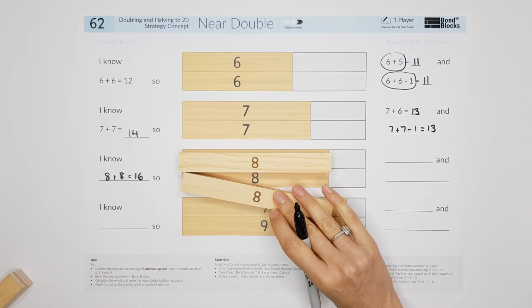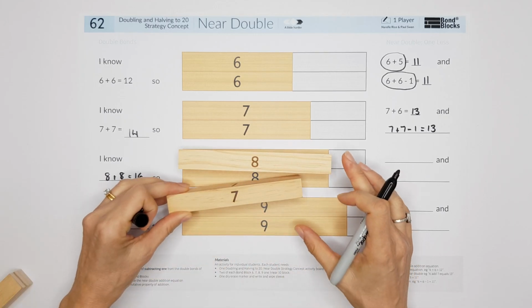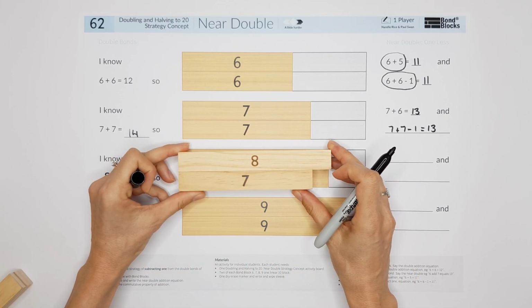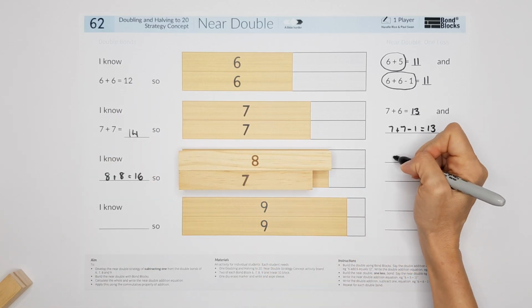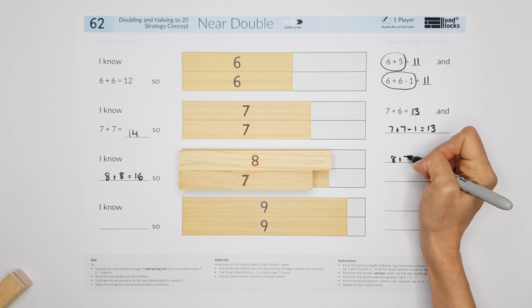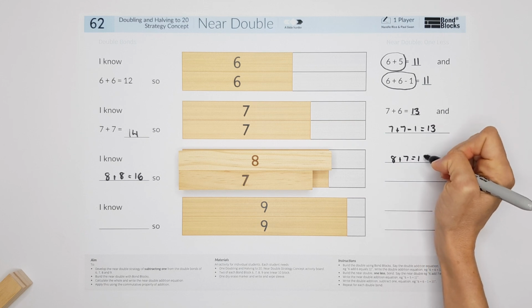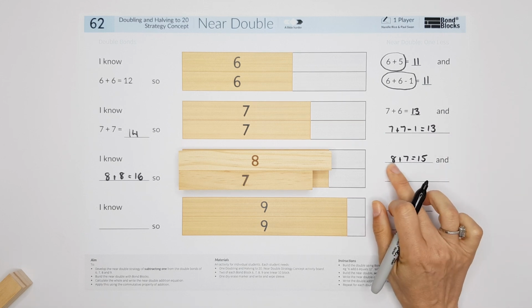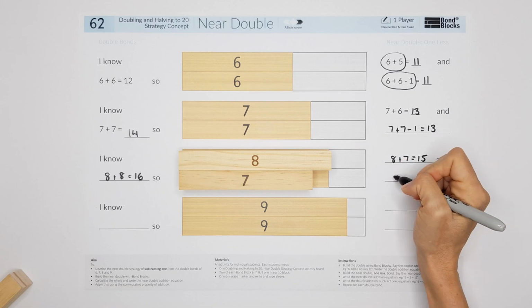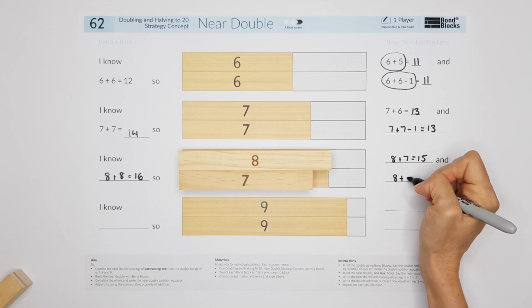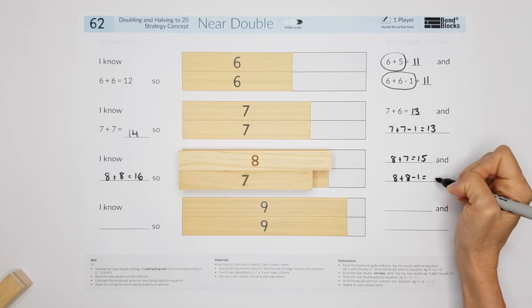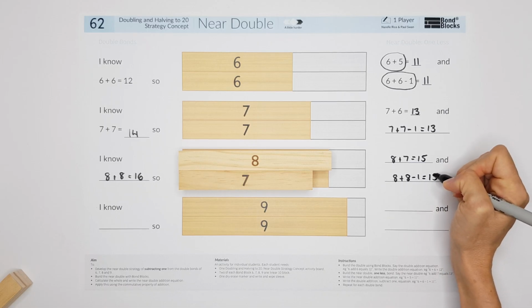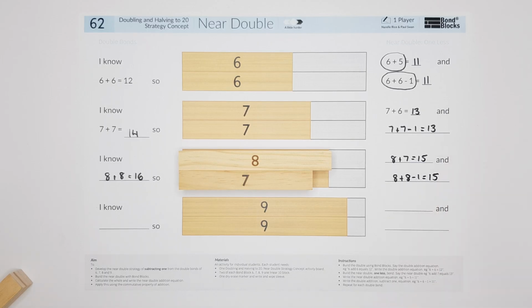So one less than this, 8 add 7 would equal 15. I could also write 8 add 7 as saying I did 8 add 8, which was the double, and I subtracted 1, and this is also equal to 15.